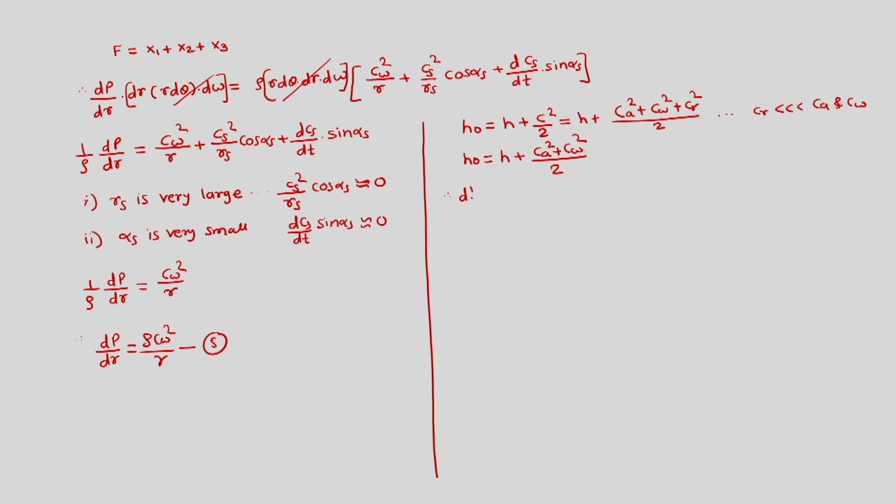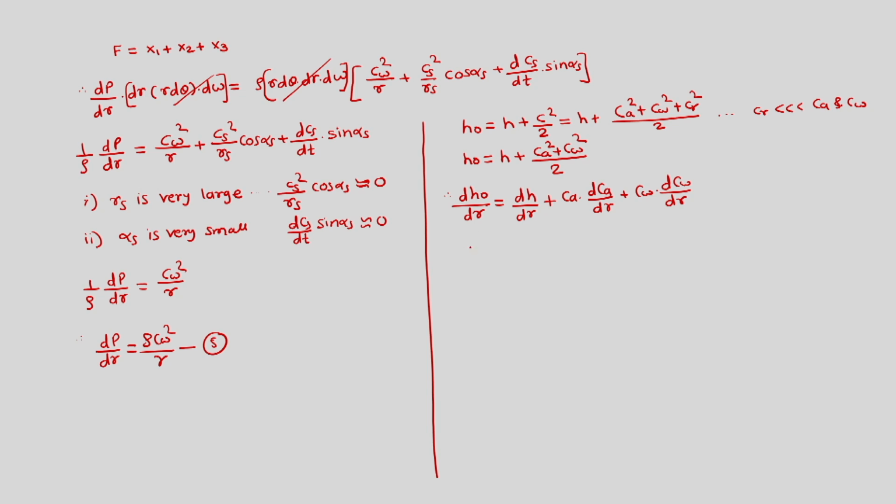So variation of H naught with respect to r is dH naught by dr, that can be said as dH by dr plus Ca into dCa by dr plus Cw into dCw by dr.